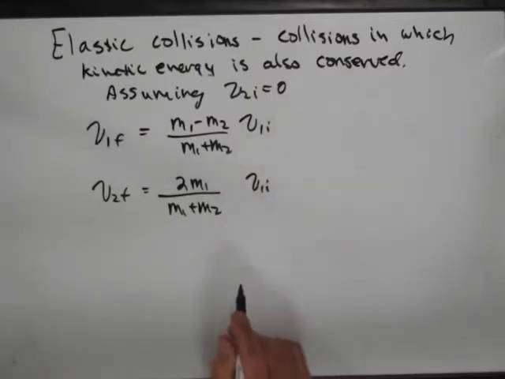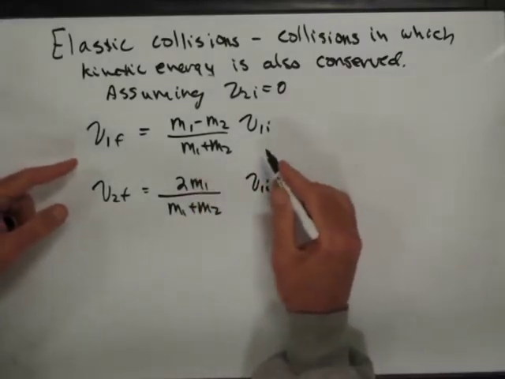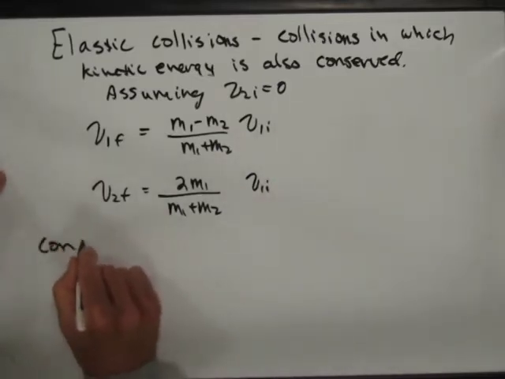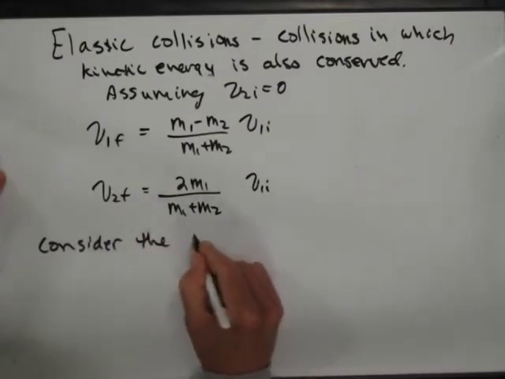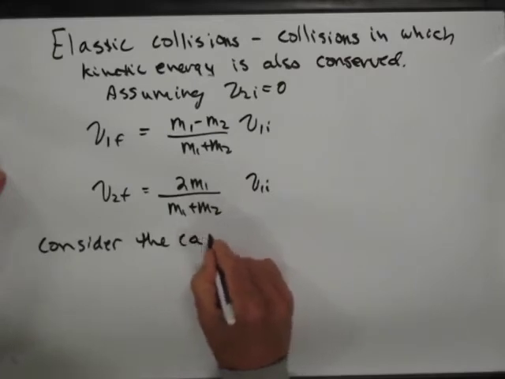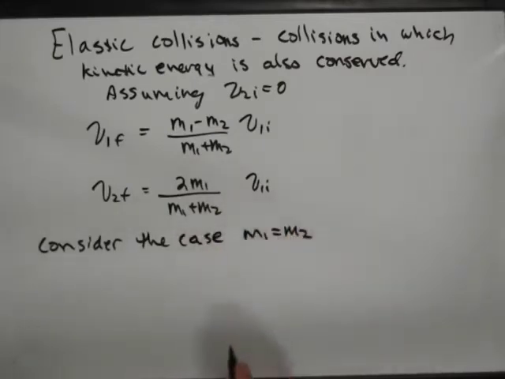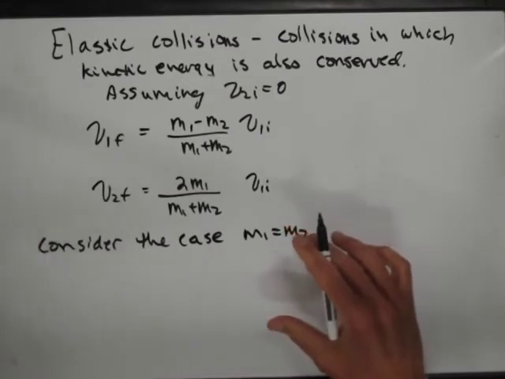Let me just give you an example of this. So rather than derive these things, which would involve a bunch of algebra, I'm going to just check these on a few cases. Consider the videos we did with the carts rolling, the case where m1 is equal to m2. That was when we were doing elastics, so they had the magnets.